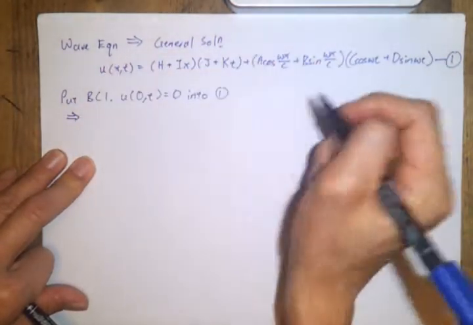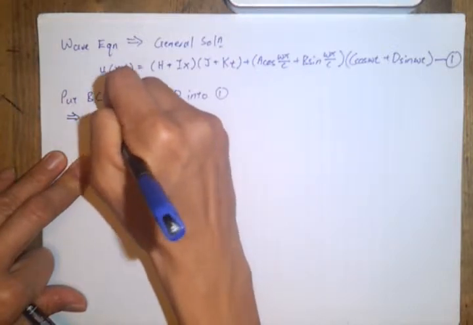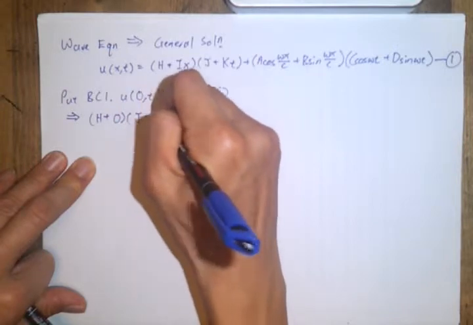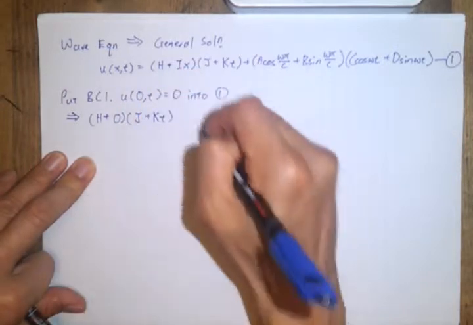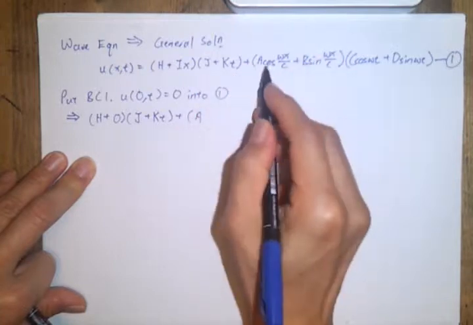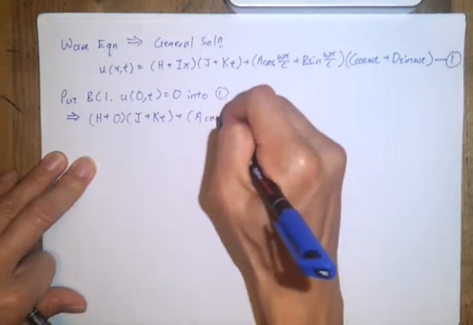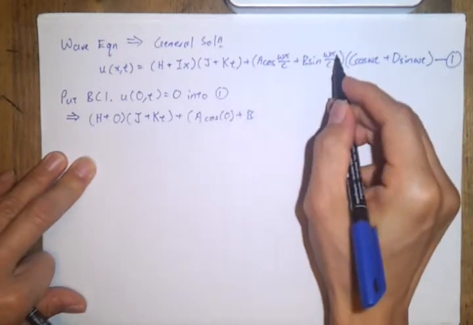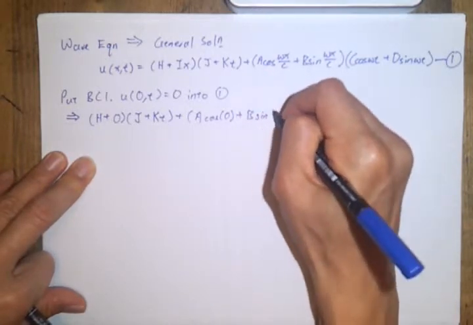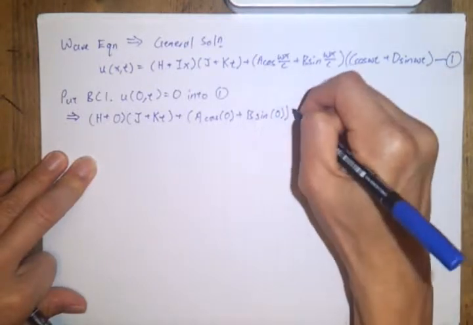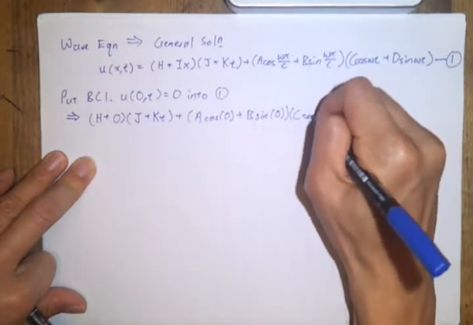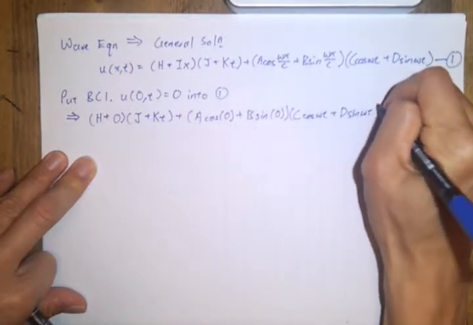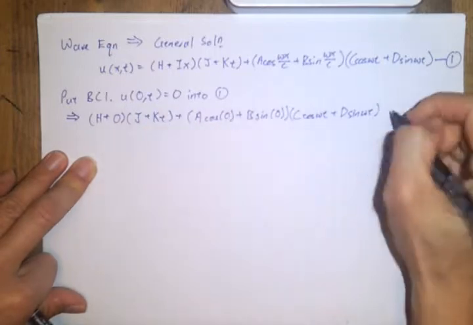That gives me h plus 0I, times j plus kt, plus a cos 0 plus b sin 0, times c cos ωt plus d sin ωt, and that is equal to 0.